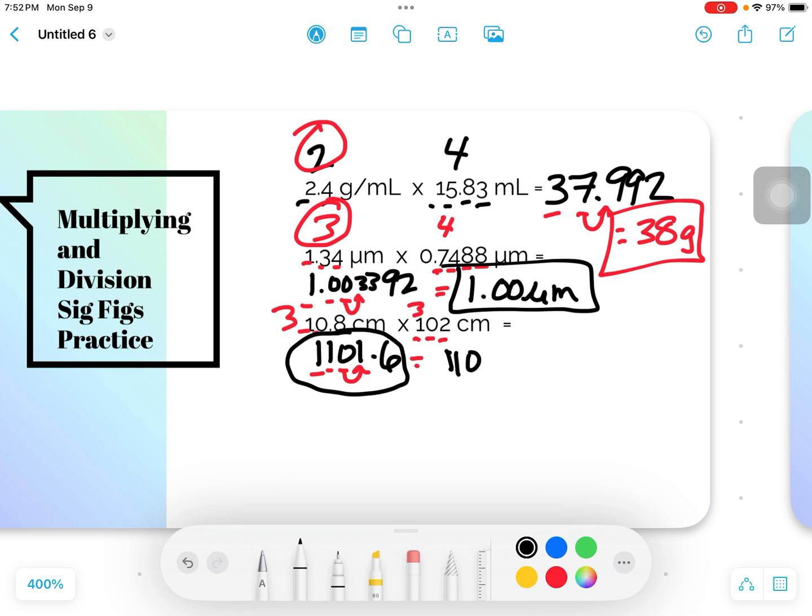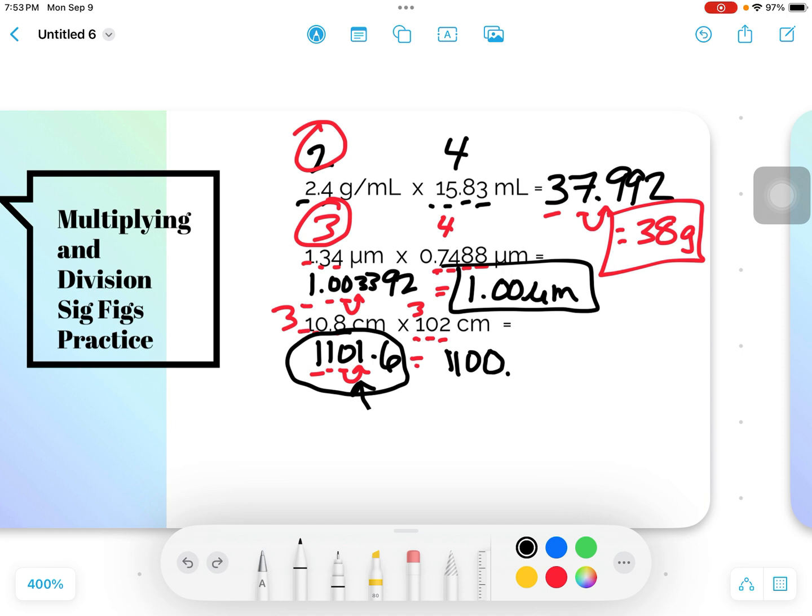So what we're going to do is add in a placeholding 0 to try and get this number as close as possible to the original. Now, we talked about this yesterday. I cannot add a decimal because the minute I add a decimal here, it changes that to 4 sig figs, and I need to go to 3.